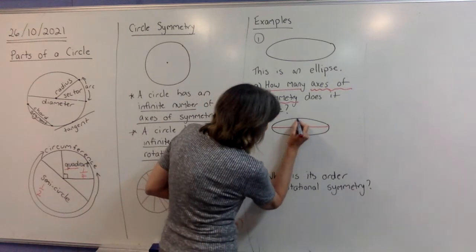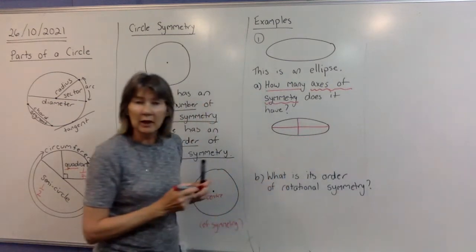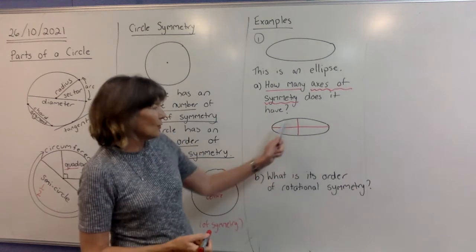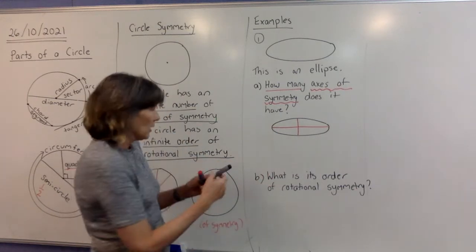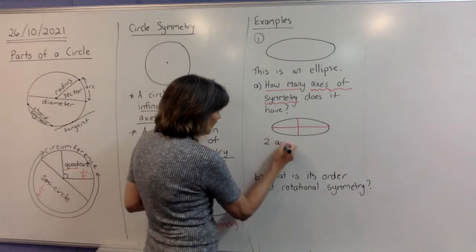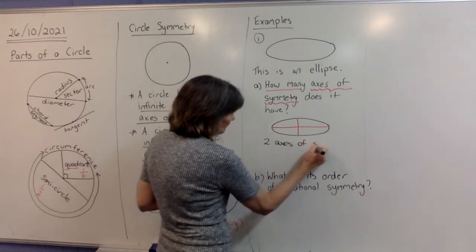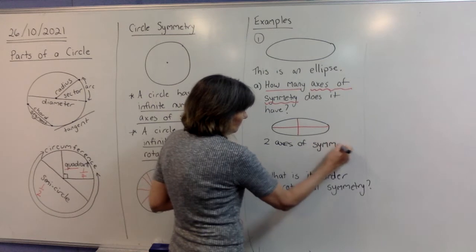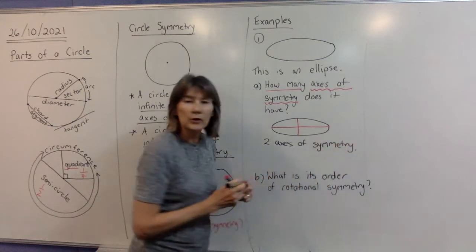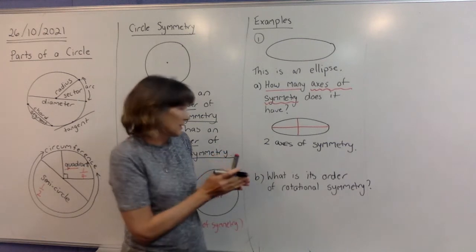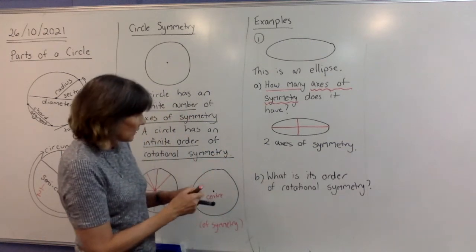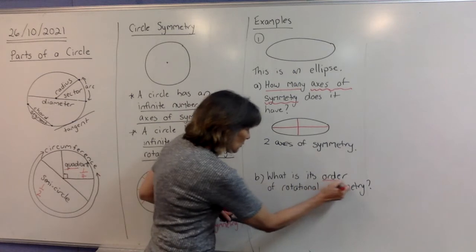And here's another one. If I folded it along there, the right half would fold on top of the left half. And that's the only two that we have. So we say it's got 2 axes of symmetry. If you tried to fold it anywhere else, it's not going to fold on top of itself.